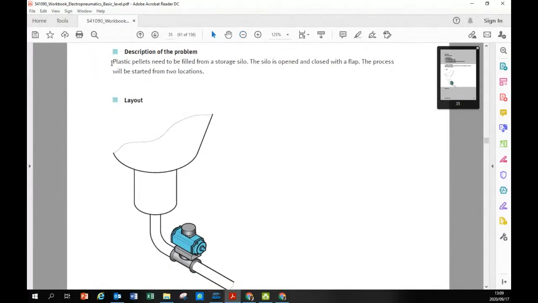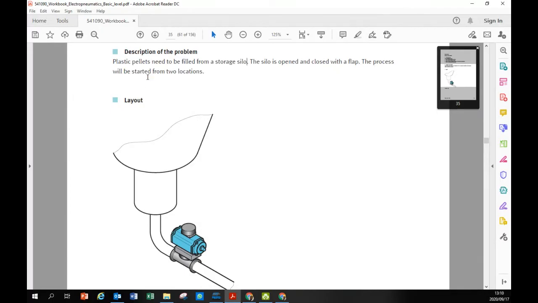So we have plastic pallets that need to be filled from a storage silo. I would assume this is a storage tank, but it's fine because I'm not familiar with the term silo. And then the silo is opened and closed with a flap. Okay, so I assume this is a flap.